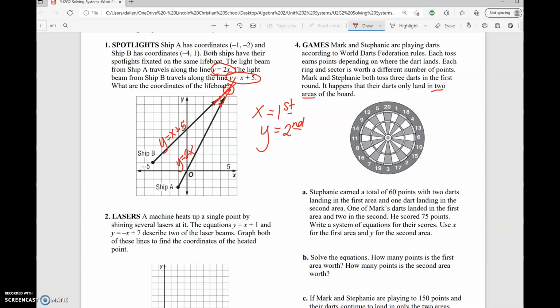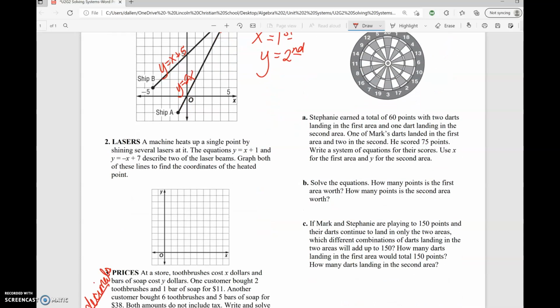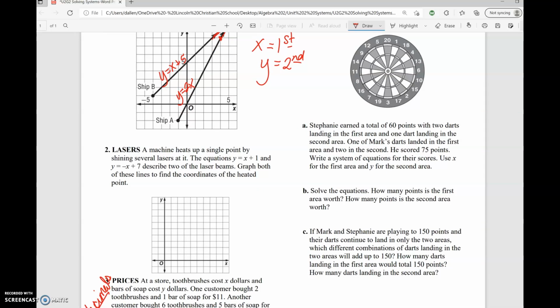And again here, part A is to write an equation for this situation. Stephanie earned a total of 60 points. So the total together, 2 darts in the first area, which we made X, so 2X, and 1 dart landing in the second area, which is Y, and she totaled 60 points.